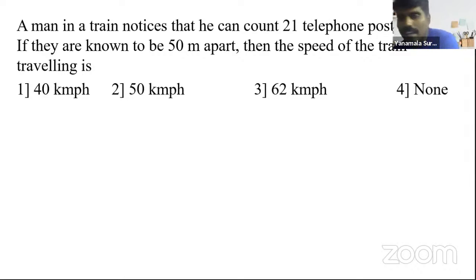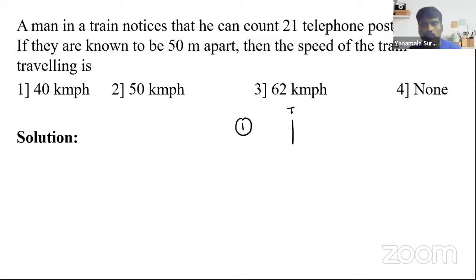Let me explain a simple concept here. The meaning of apart we already know. Apart means the distance between the first telephone post and the second telephone post is 50 meters. Let me take the first scenario. If I take two telephone posts, telephone post 1 and telephone post 2, what is the distance here? 50 meters. Correct?